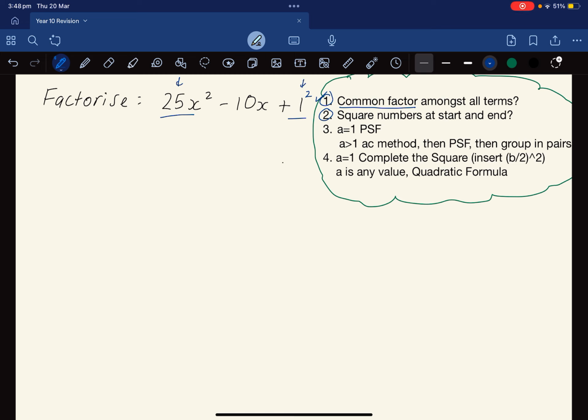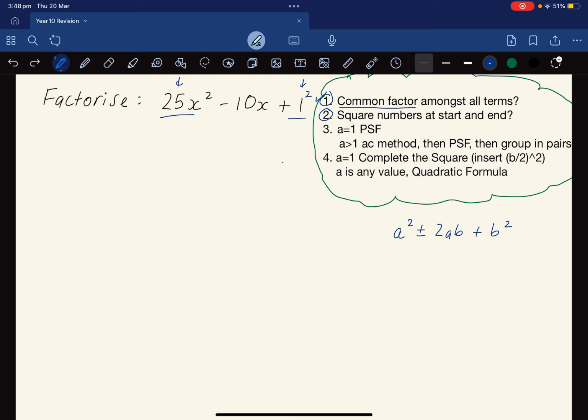So we are going to use our patterns, and I'm going to write them down the bottom. We're going to use a squared plus or minus 2ab plus b squared, because it's of that form, right? This is 3 terms, this is 3 terms.